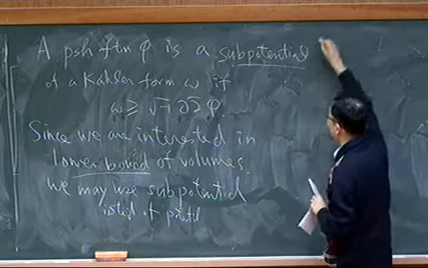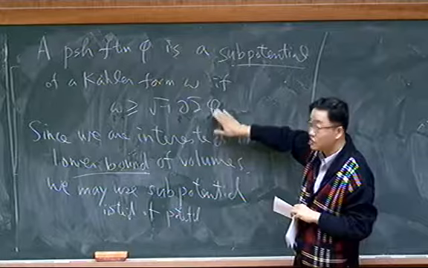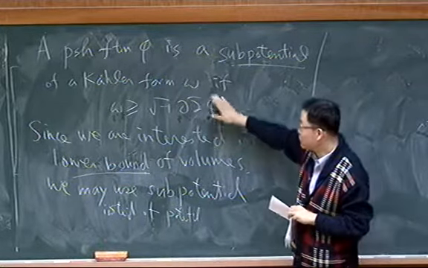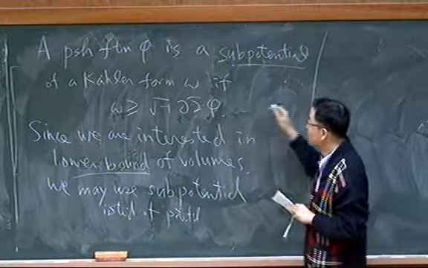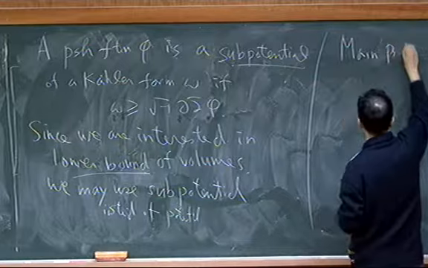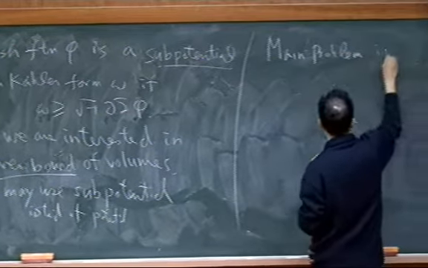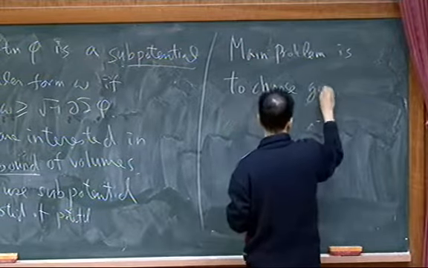It looks very easy, but now the problem is the other one: how to choose a good subpotential. Because if you choose 0, it gives no result.